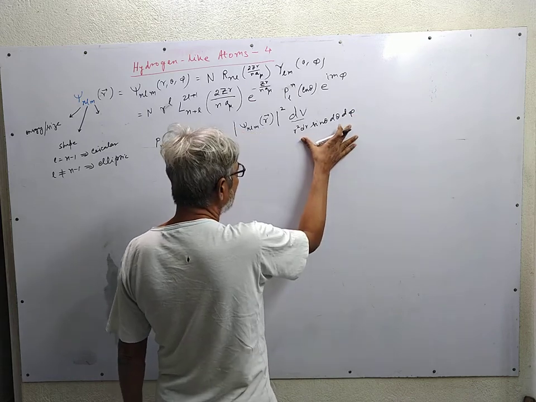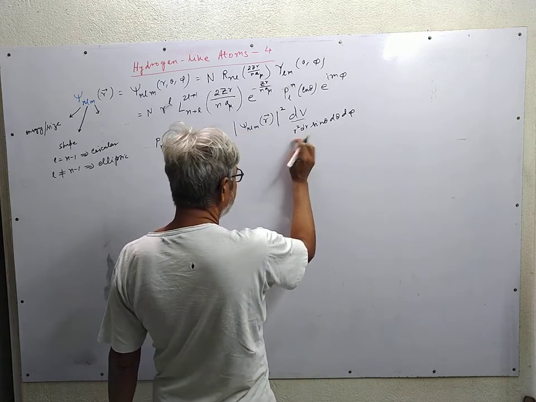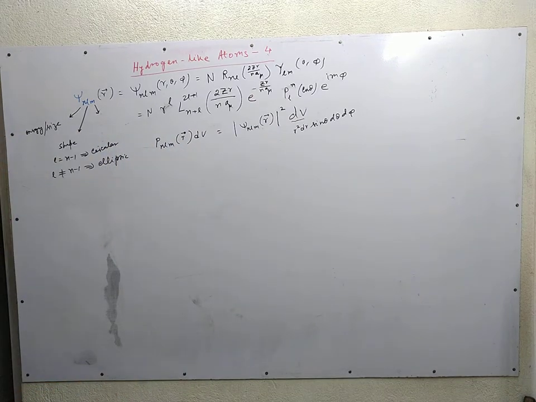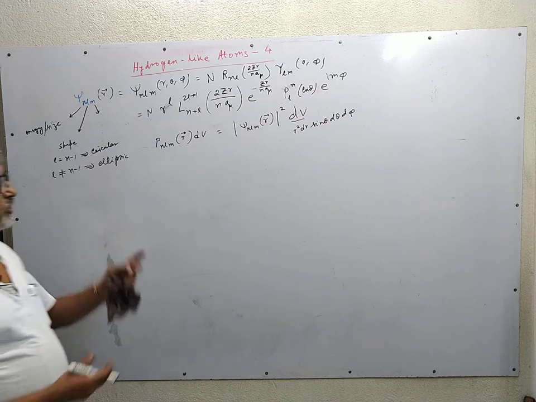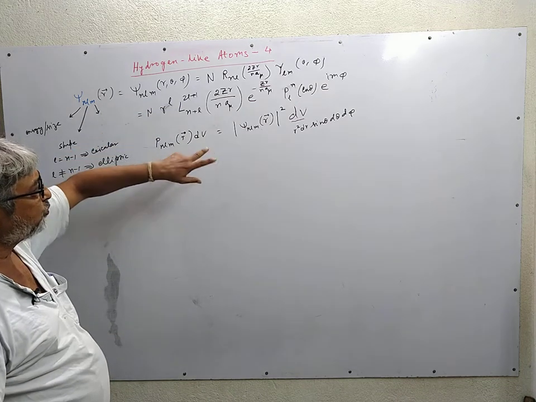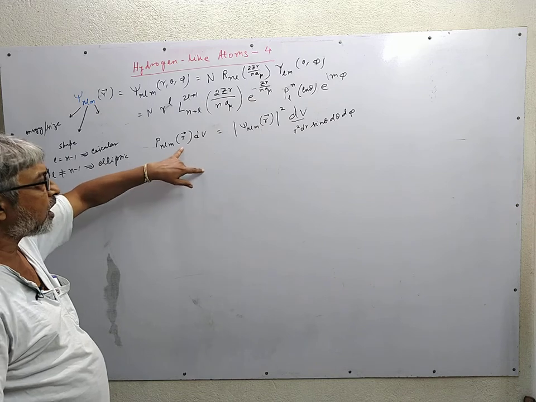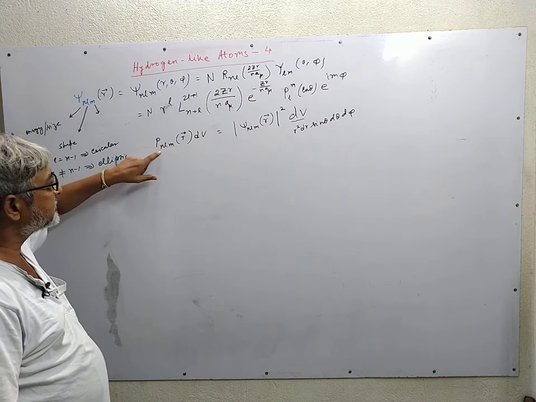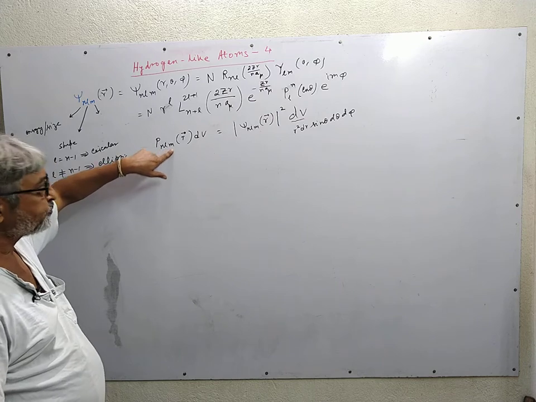This is the volume between r and r plus dr, theta and theta plus d theta, and phi and phi plus d phi. So this gives the probability of finding the particle within dv around r, theta, phi when the electron is in a state n, l, m.